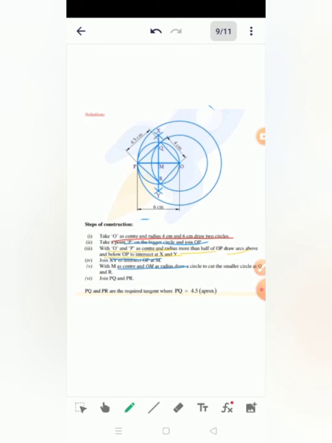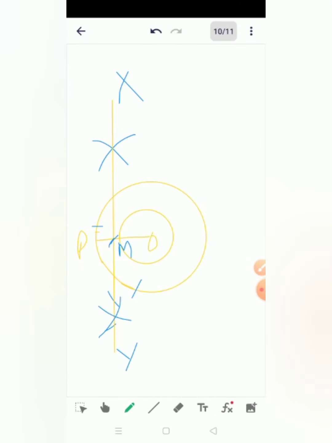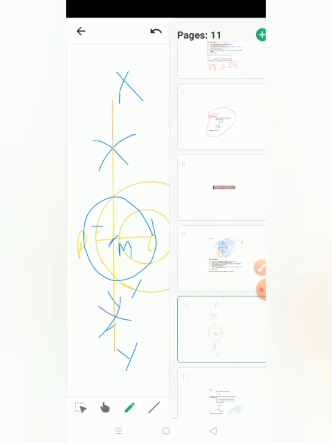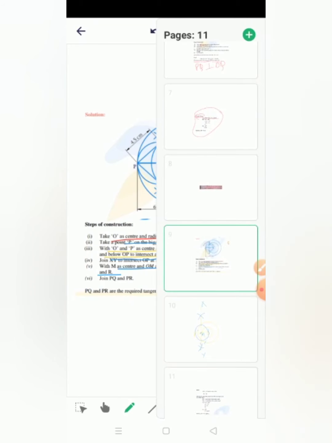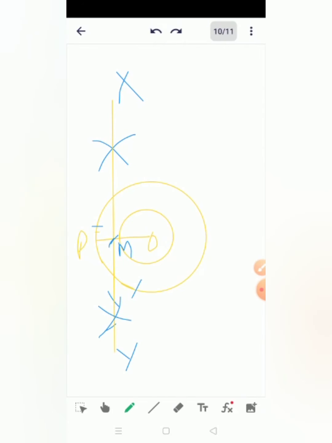With M as center and OM as radius, you draw a circle like this so that it would cut the smaller circle.